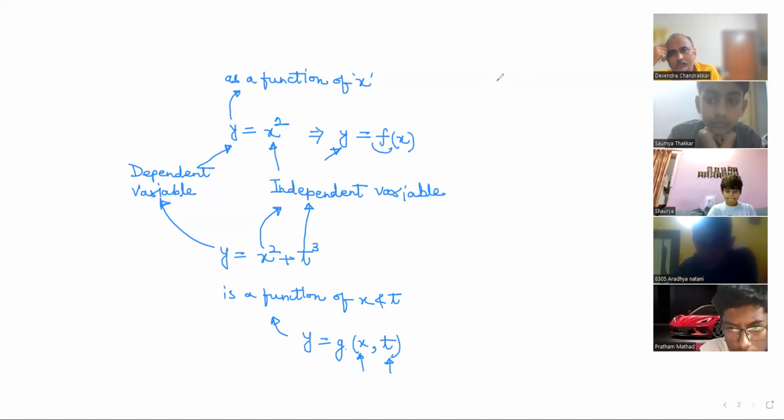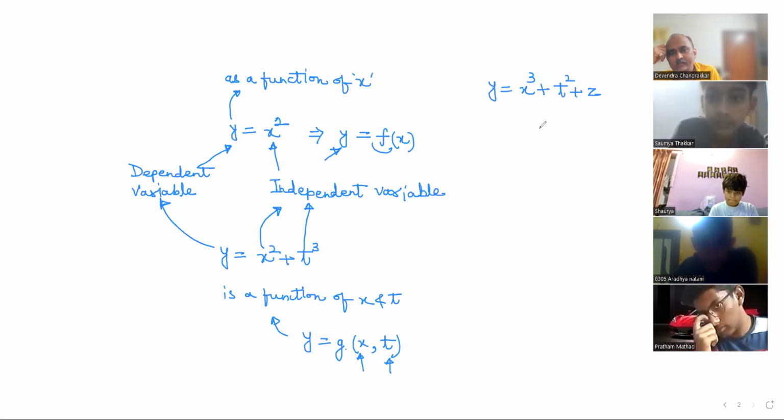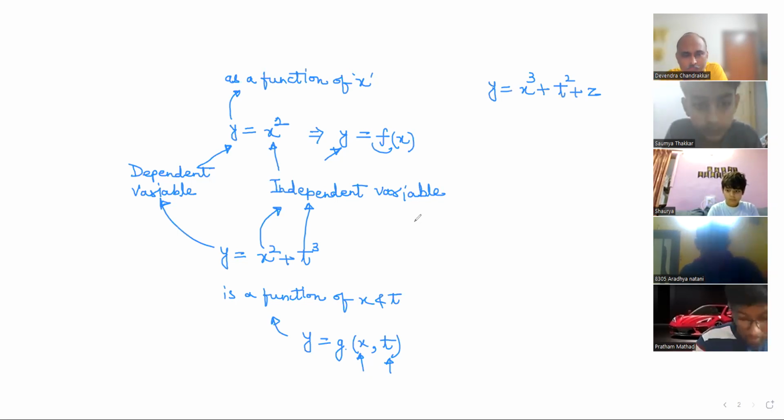Soumya, tell me, if I write x cube plus t square plus z, how many independent variables are there? All of you type your answers in the chat window and direct it to me only. How many independent variables?